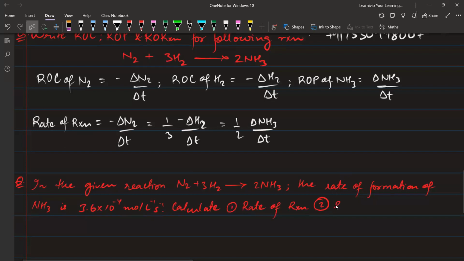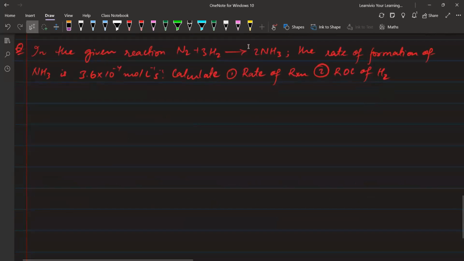Secondly, the rate of consumption of H2. How to do this question?